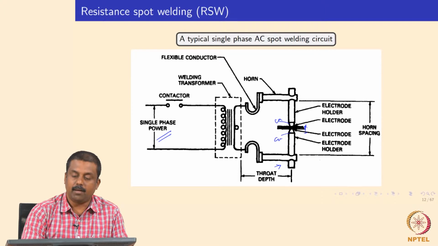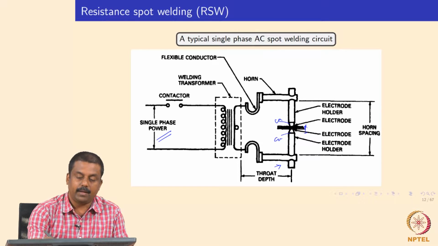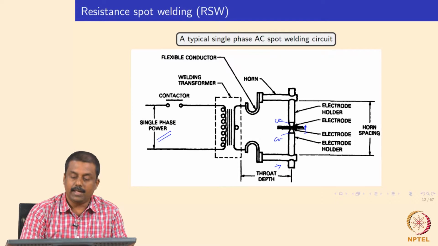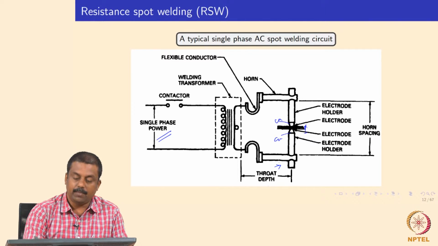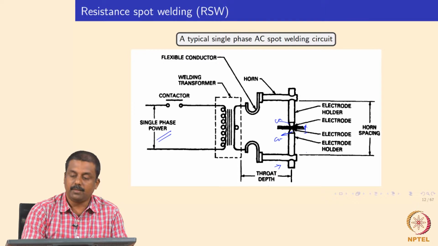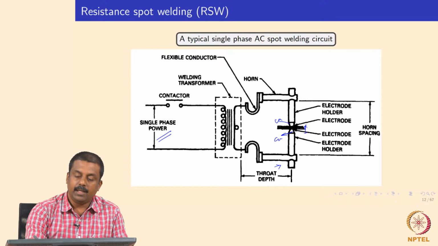The components of the power source and the setup are a transformer, a horn, and a cantilever, which is used not only to pass the current but also to apply load. We have an electrode attached to the end of this horn, and the sheets are kept in between the electrodes.